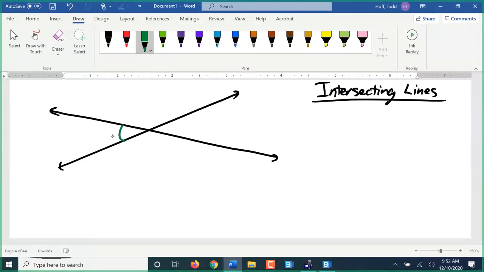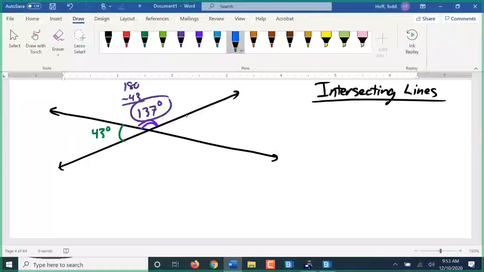If I know one angle of these intersecting lines, let's say I know that this here is 43 degrees, I then know this angle here because this is a line. Those two angles are a linear pair. They form a straight line. In other words, they're supplementary. So this up here will have to be 180 minus 43, or 137 degrees.